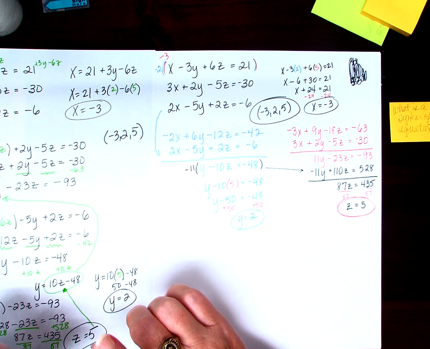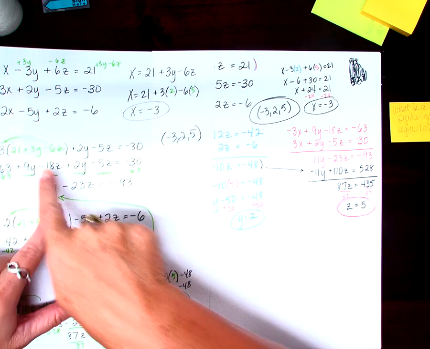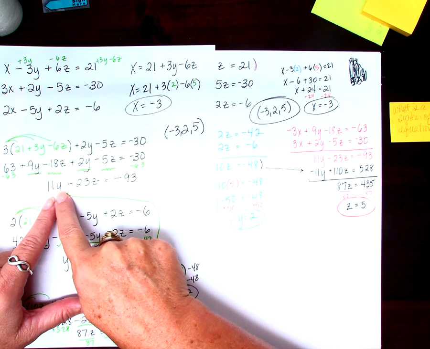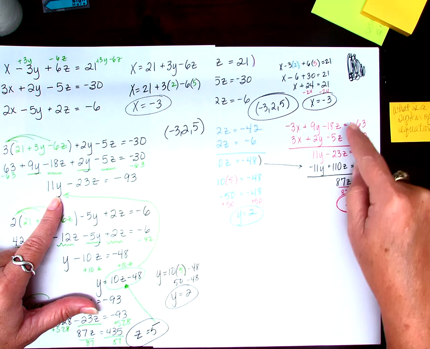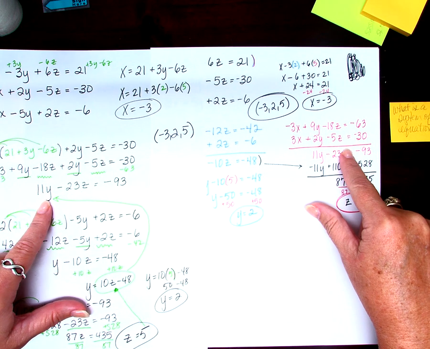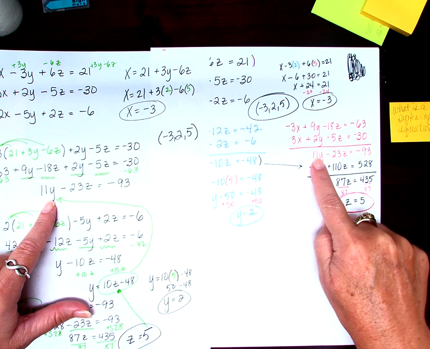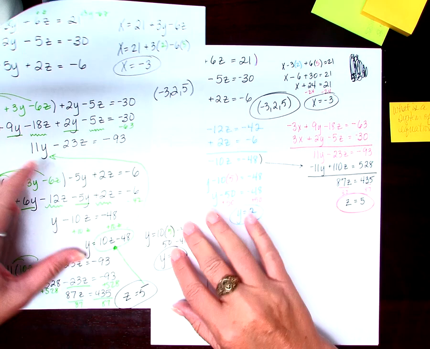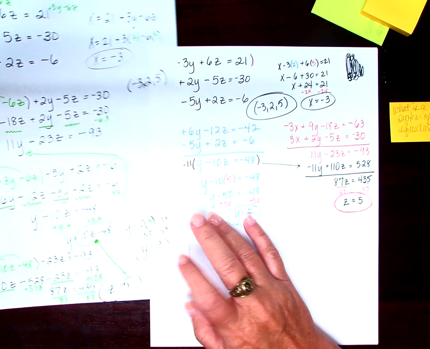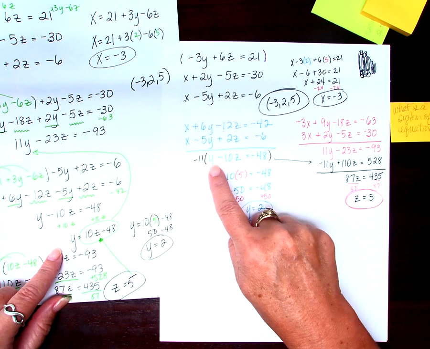Now, here's what's interesting to me. When I did substitution the first time here, look what I got as my equation. And when I combined my middle and top equation, look what equation I got. When I combined my middle or top and bottom equation today, look what I got here.